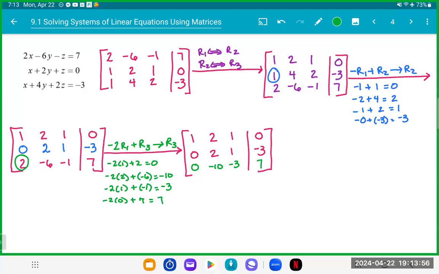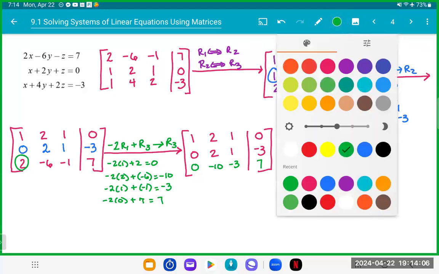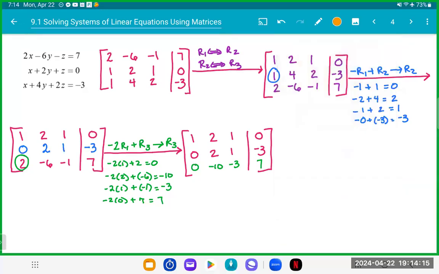Questions? Okay? All right. So now we can go for either one of these two. Let's do the 10. Let's make the 10 a 0. So how do we do that?